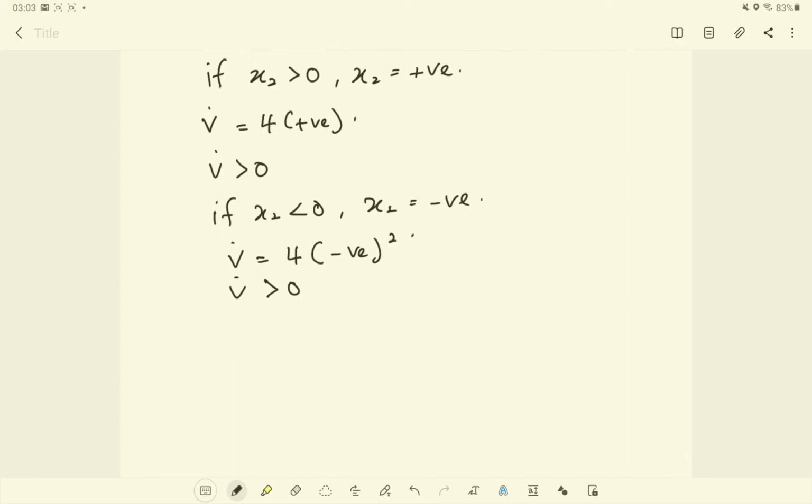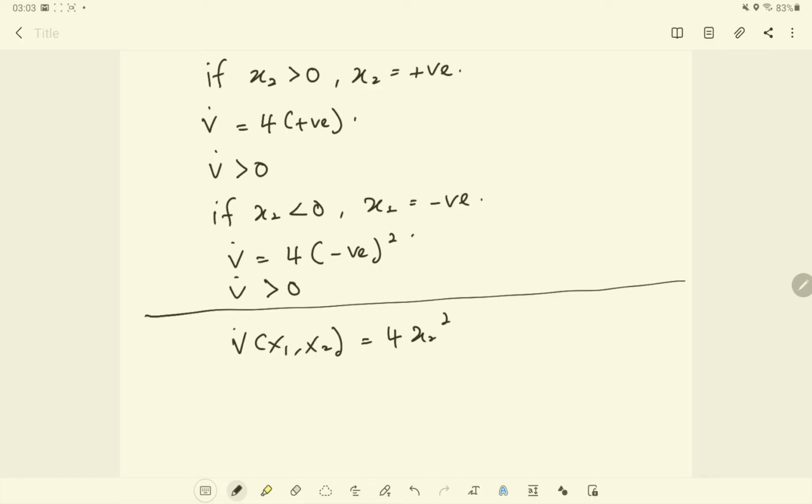for this particular system, where V dot of x1, x2 equals 4 x2 squared, even if you use x2 greater than 0 or x2 less than 0, you still get V dot greater than 0.